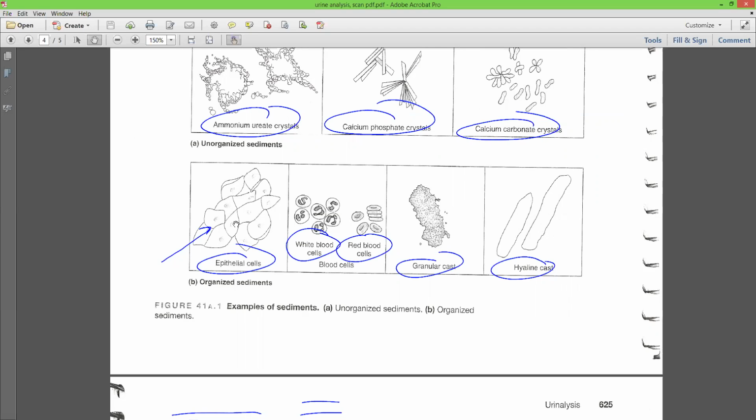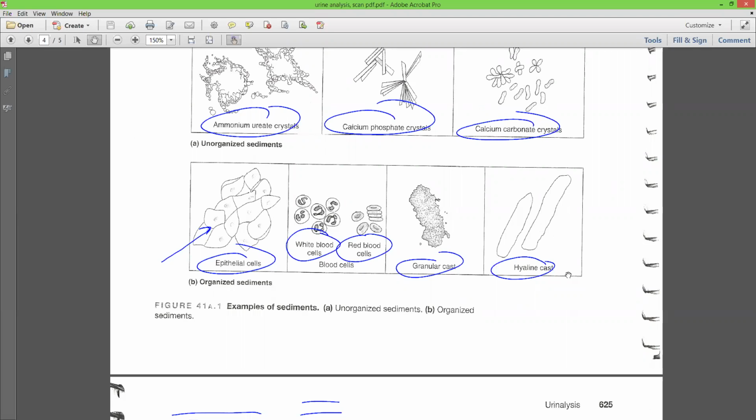The kidneys have simple cuboidal epithelial cells. You can also look for the presence of your red blood cells and your white blood cells through microscope exam. Your dipstick also picks up on this. Other casts and hyaline casts are just different tissue that's leaving the body, which it really shouldn't be.